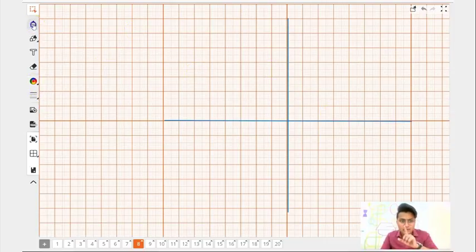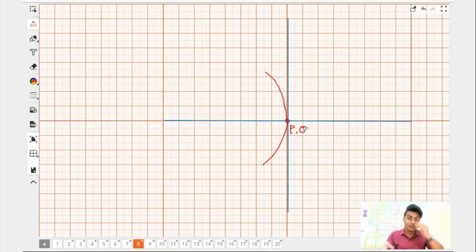Now guys, in this particular scenario, I will first make my concave mirror's ray diagram. This is my concave mirror right here, and I am making sure that the concave mirror I have made has the pole exactly at the origin. The pole is exactly coinciding with the origin, the intersection of the y-axis and x-axis.